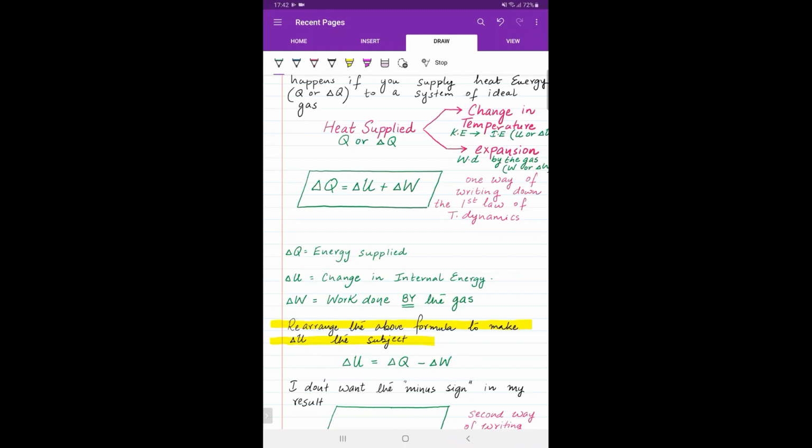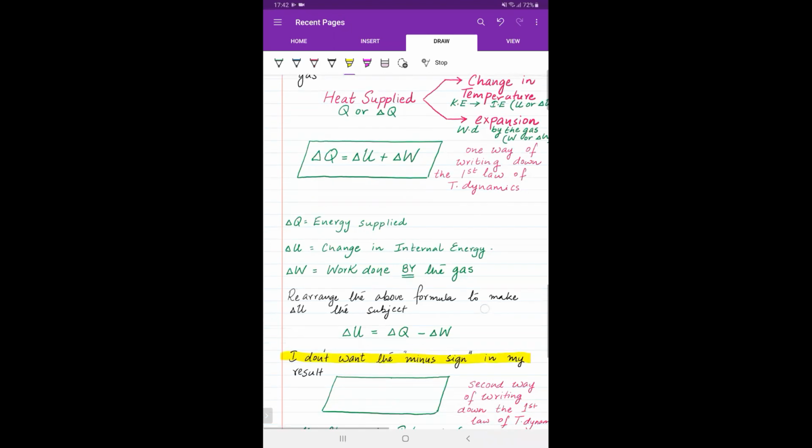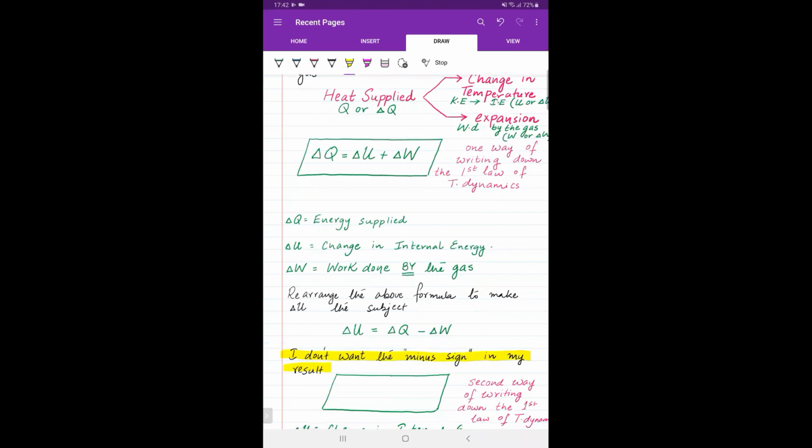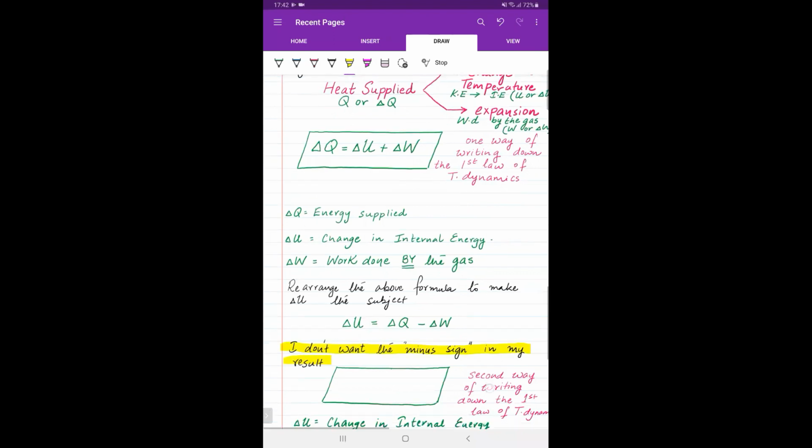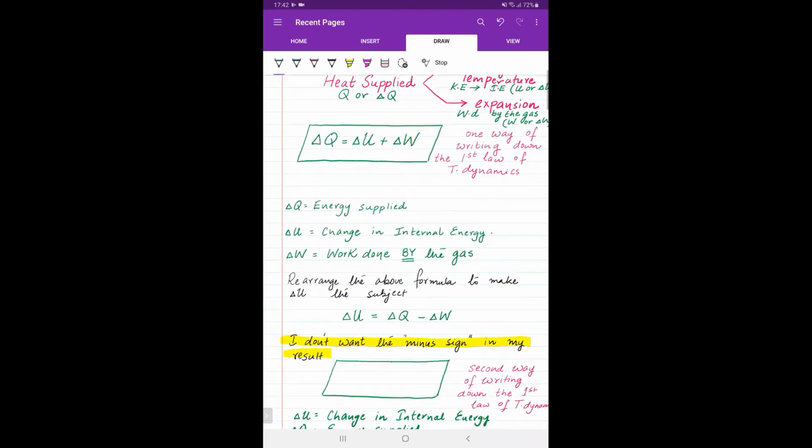So similarly, if I were to ask you, I don't want the minus sign to be appearing in my formula, then what will you do? I'm sure you would appreciate it's perfectly normal to not have the minus sign.